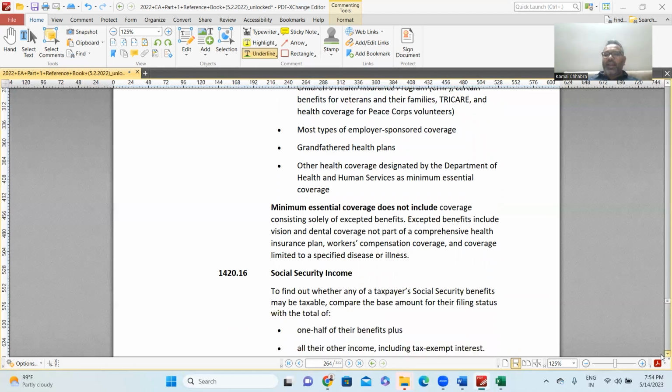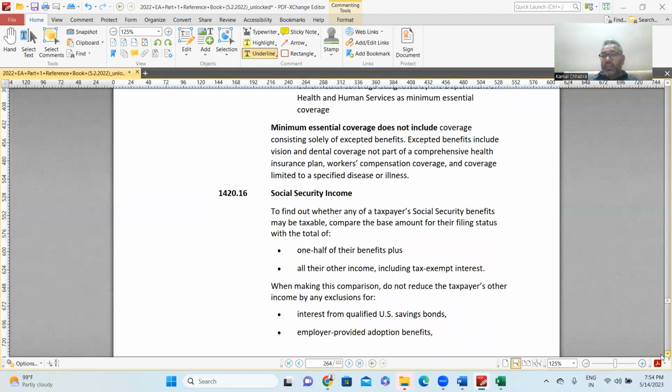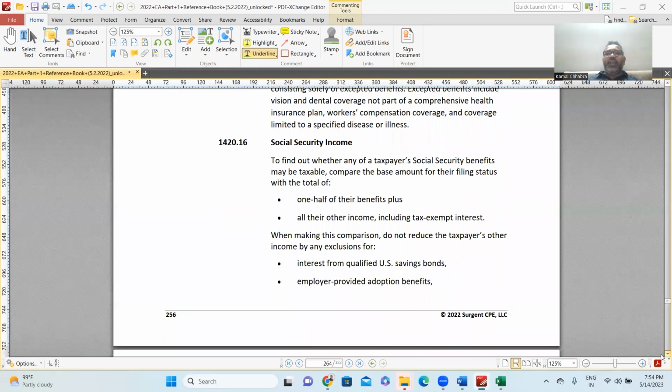You need to guide your client on which insurance coverage he should consider for the family according to the size of the family, so that he or she can claim more itemized deduction on the respective plan.